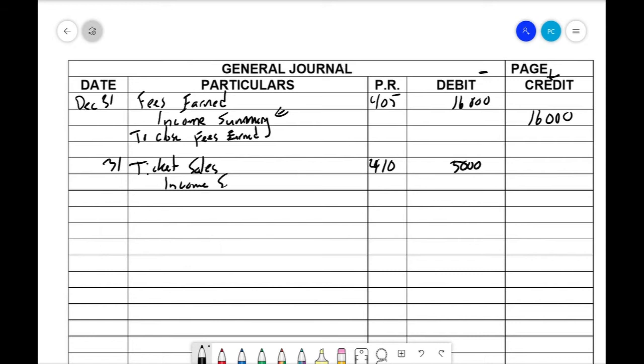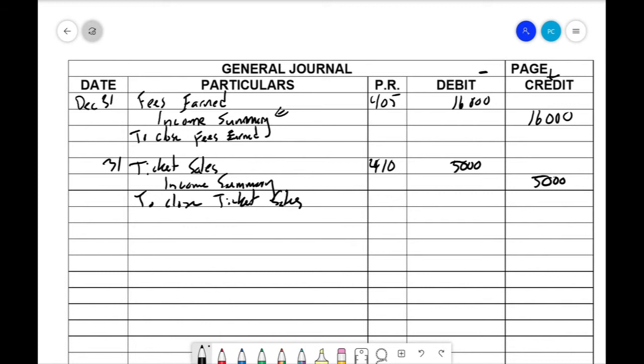Income summary is the other account, 5,000, and it's to close ticket sales. So that's the long way to do it, where you do each individually, which is totally fine, especially to start that way.